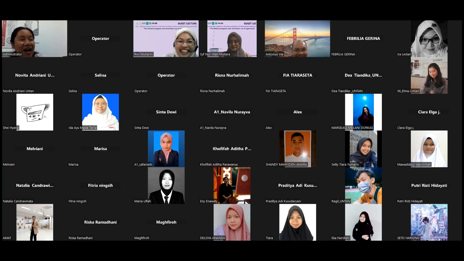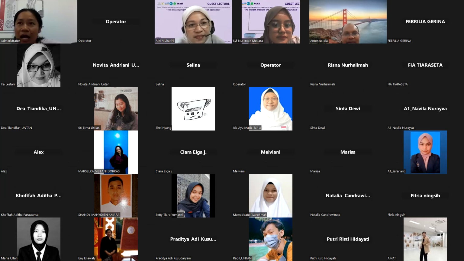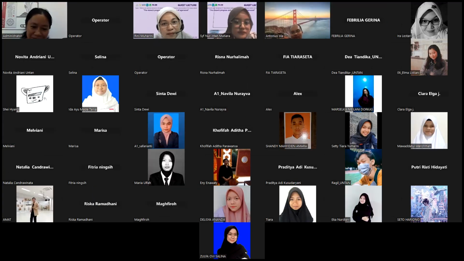Now, in another place we have an agarwood garden, and we use different reagents and different ways to try to look at how to produce more agarwood.